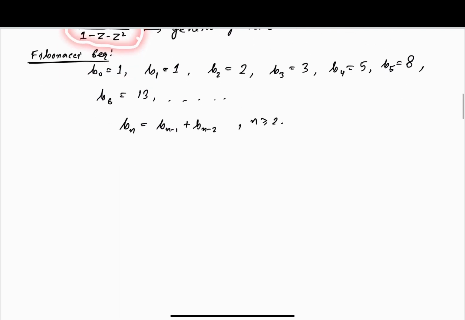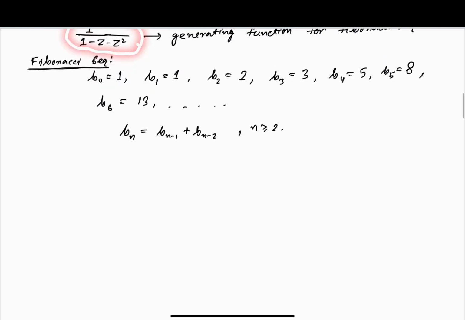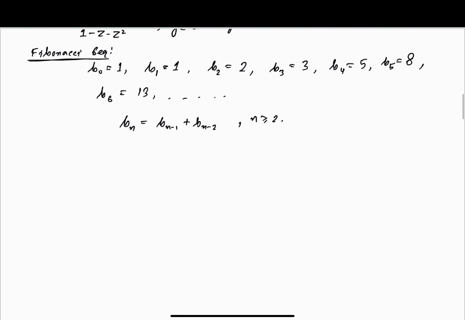What is meant by this? Generating function means we want to write 1 by 1 minus z minus z square as the summation bn z to the power n, n equals 0 to infinity, where these bn's are the Fibonacci sequence.